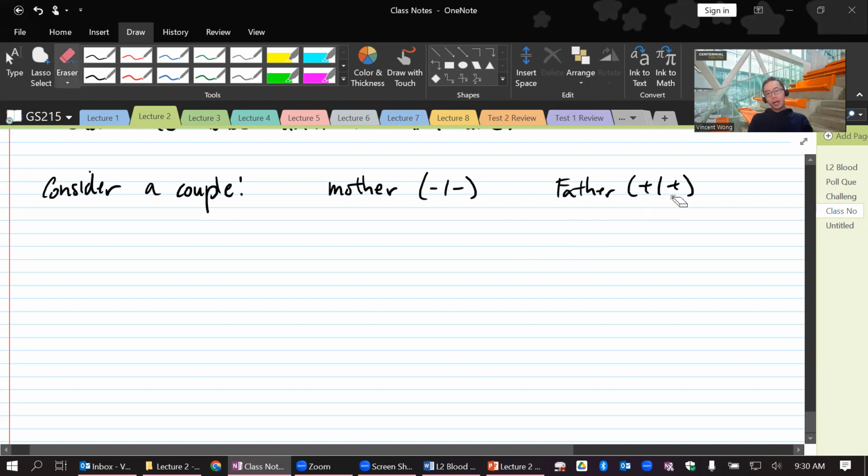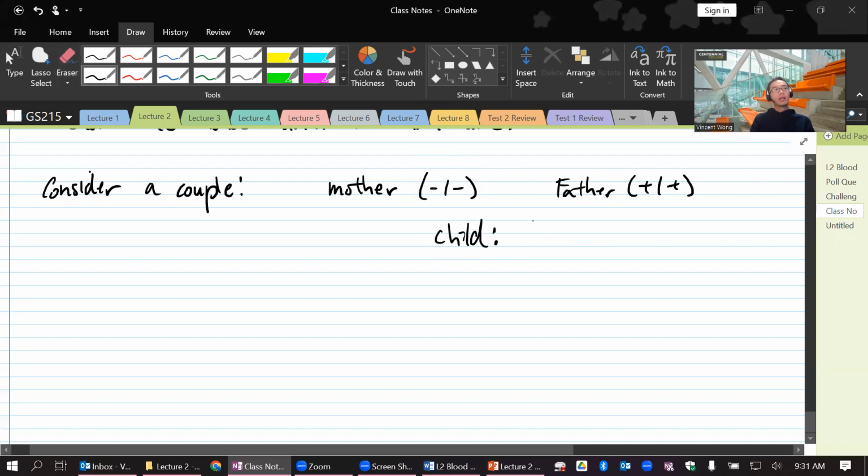This could happen with a heterozygous father as well, positive/negative, but we're just going to keep it simple, positive. So let's say they have a kid. What's the Rh status of their child? What kind of kids are they going to have? Work it out for me, please.